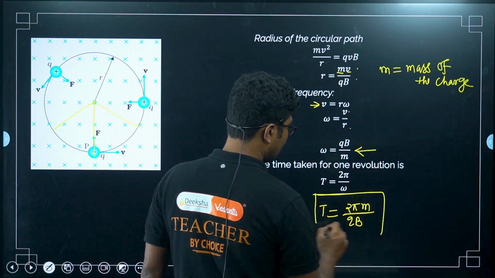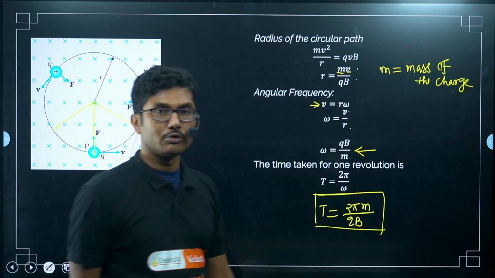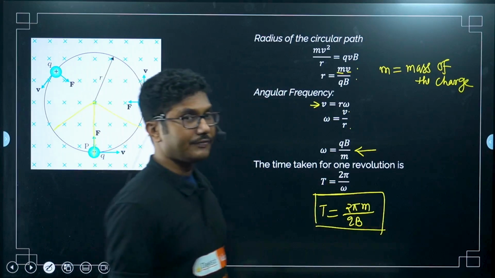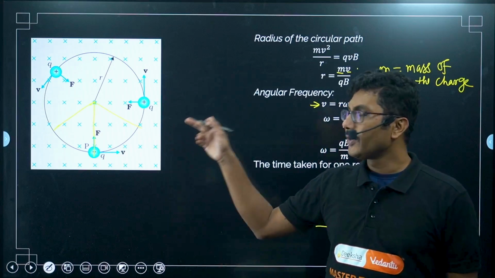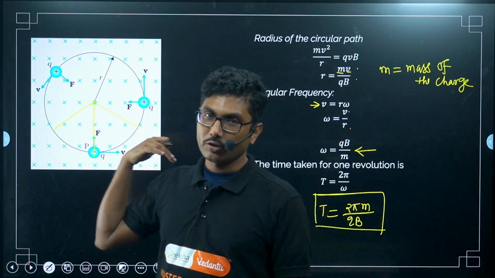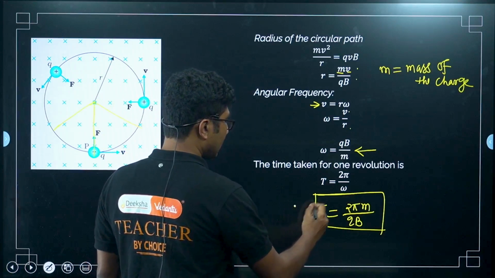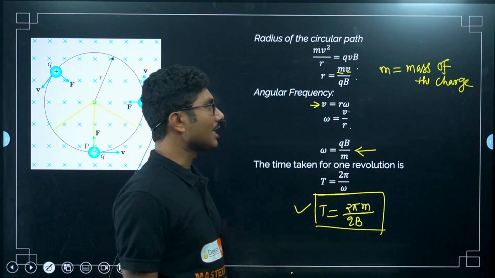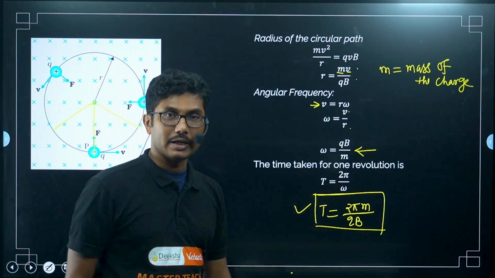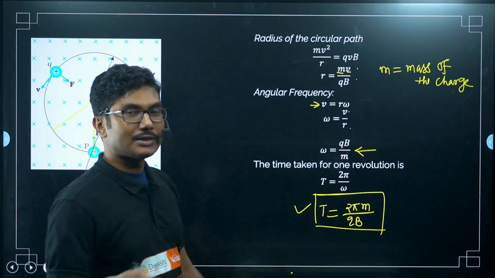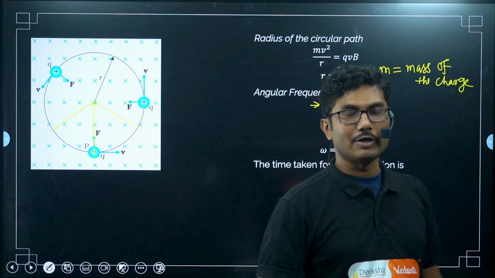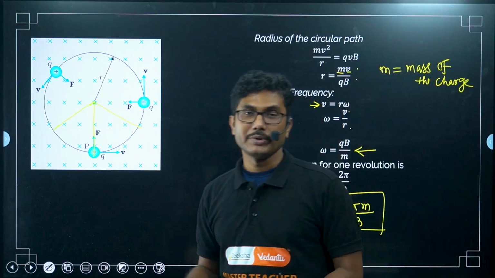Now there was one motion called cyclotron motion, which was given as an application of this force, but cyclotron motion itself is no longer there, though all the components which were asked as cyclotron motion will still be there. So they might ask a charge is given in a magnetic field of such and such magnitude, what will be the time period.